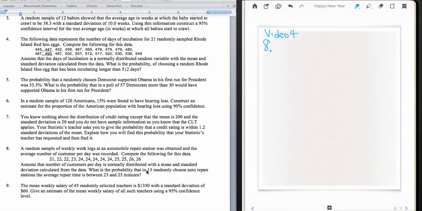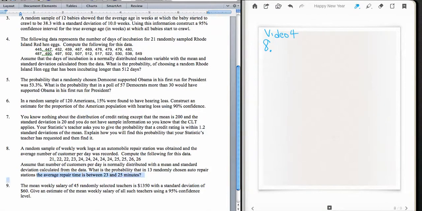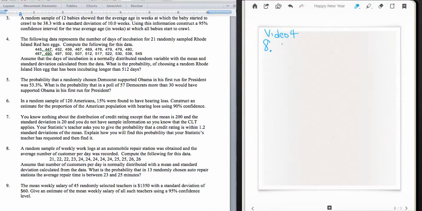What is the probability that for 13 randomly chosen auto repair stations, the average repair time is between 23 and 25 minutes? So we're finding a probability, but this time for an average of 13 randomly chosen. What this is asking is the probability of x bar.